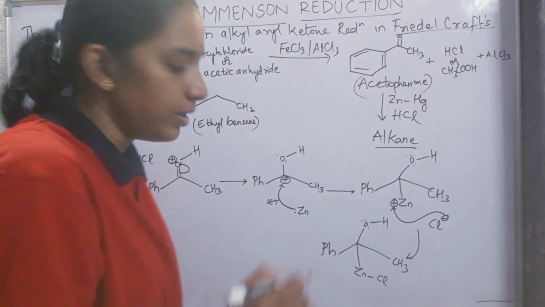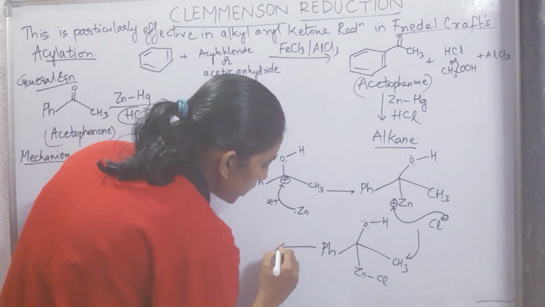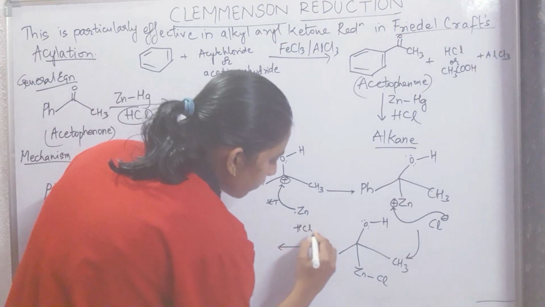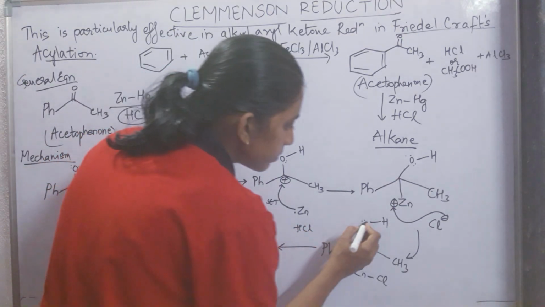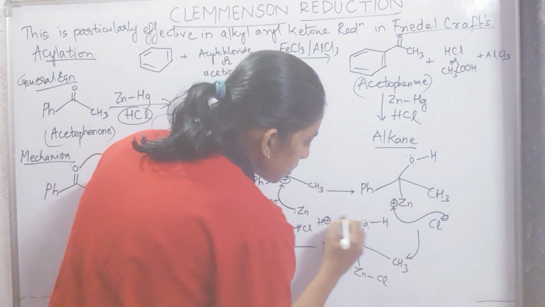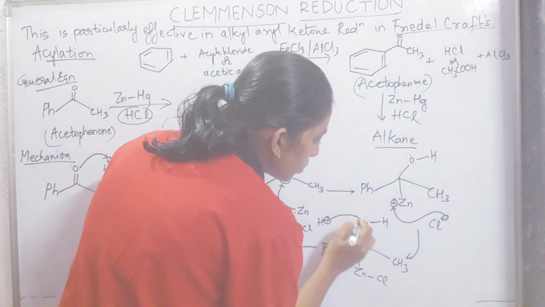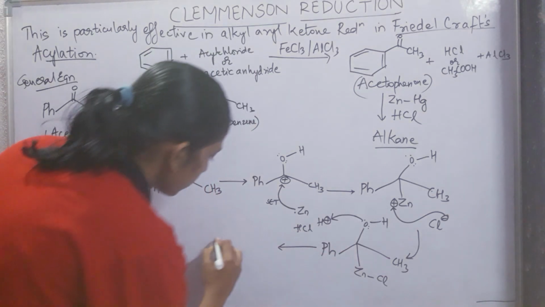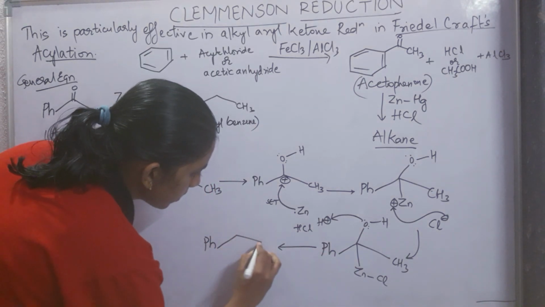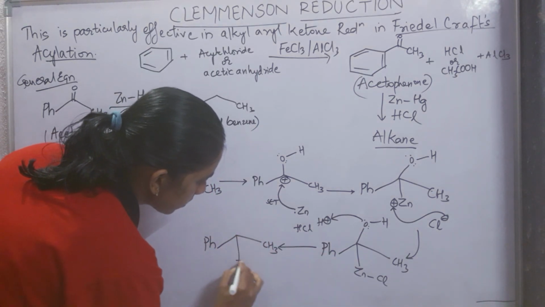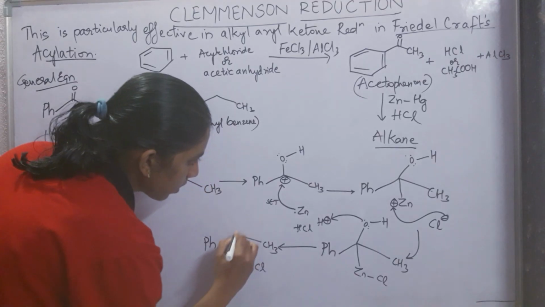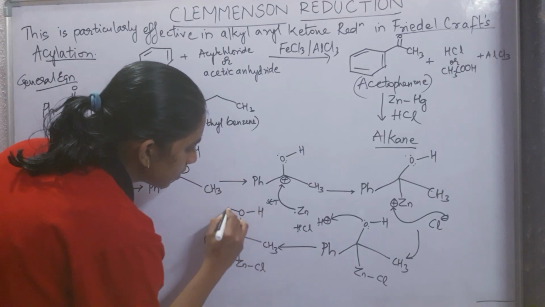Now again we will be taking HCl, where the H plus will react with this oxygen. How will it react? Oxygen will share its lone pair of electrons with H plus and will give us a compound like this, OH.